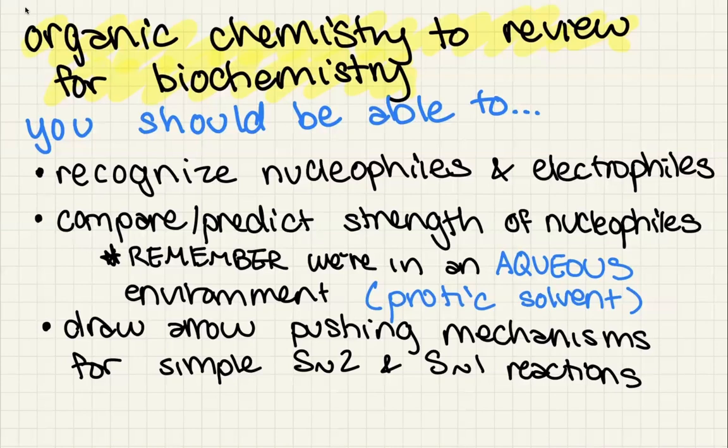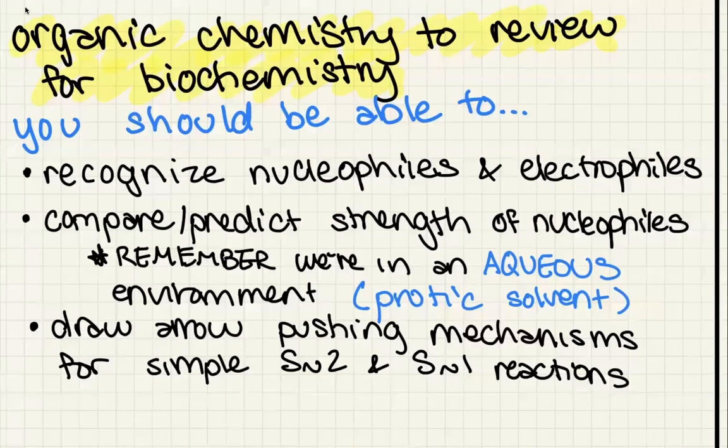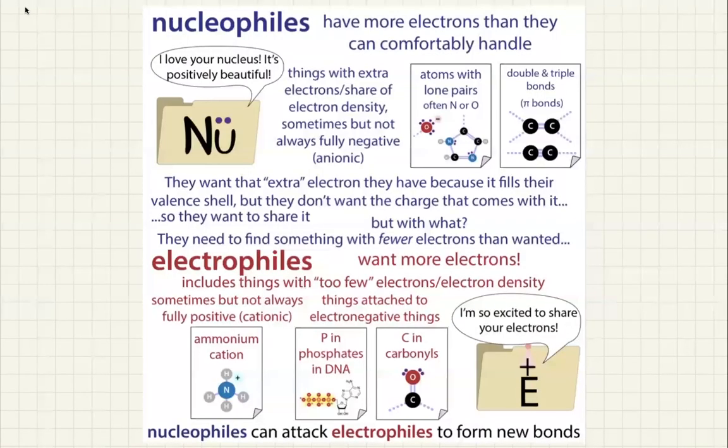And also remember that we're in an aqueous environment, so all that stuff that you learned about protic solvents goes into account. So basically a nucleophile is going to be something that wants to go and seek out a nucleus. So phile loves nucleus.